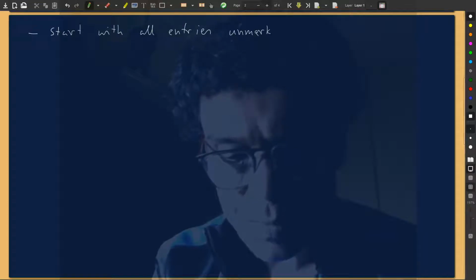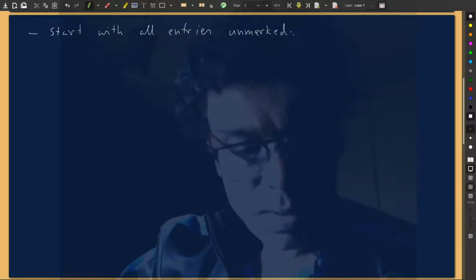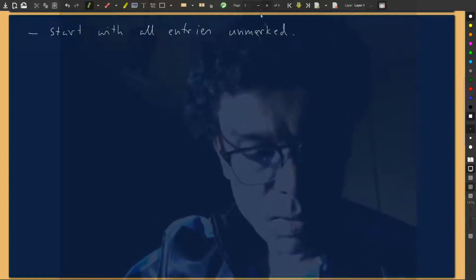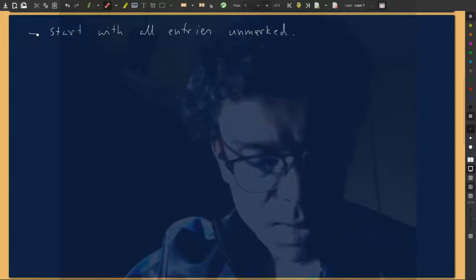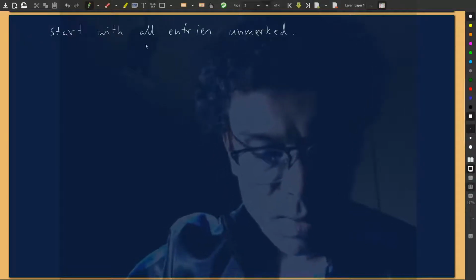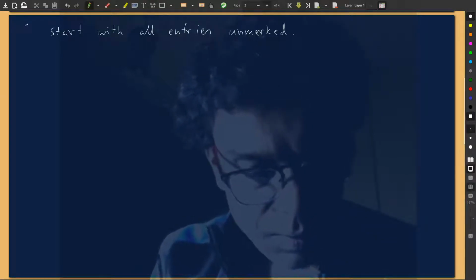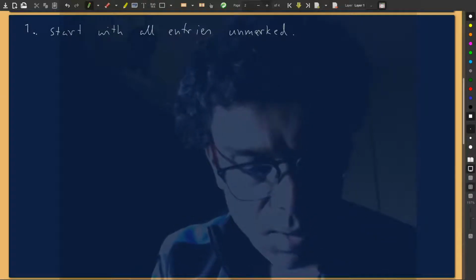Initially, we keep the possibility that everything can be collapsed to a single state. So maybe I just give it the numbering. Okay, so this is the beginning stage.